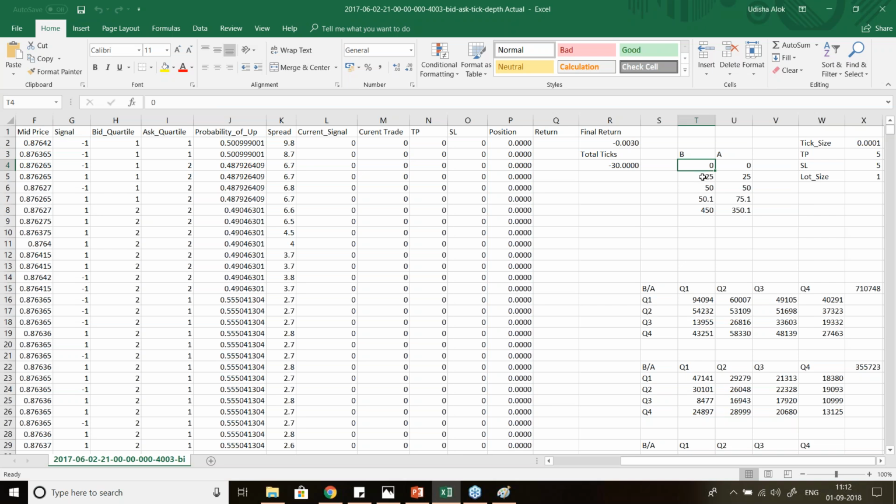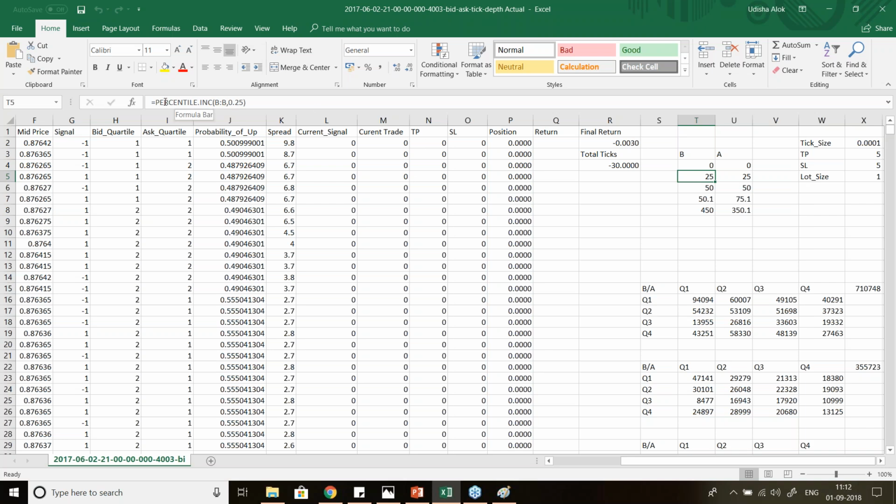So here, B stands for bid, A stands for ask. 0 to 25, that is 0 lots to 25 lots, is my Q1, the first quartile, where I have 25% of my observations, bid volume observations. That is, any volume that comes between 0 and 25 will come in the Q1.